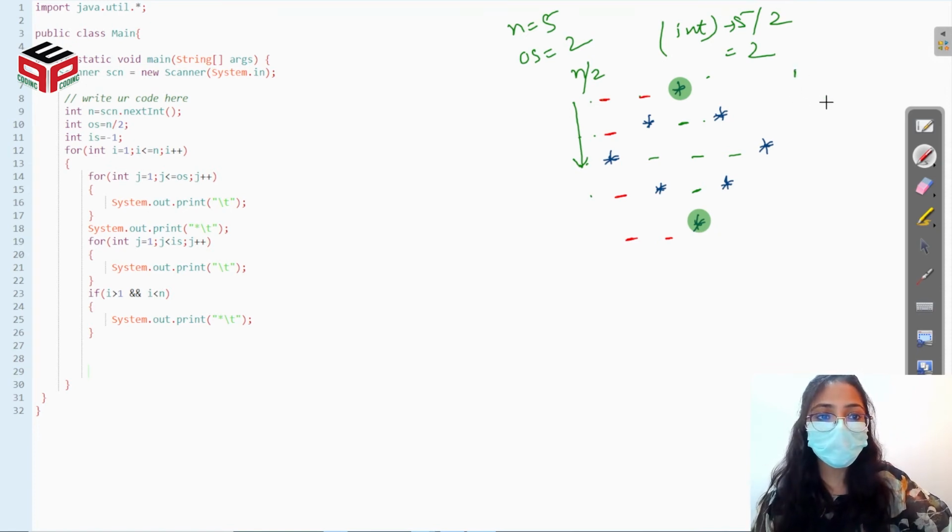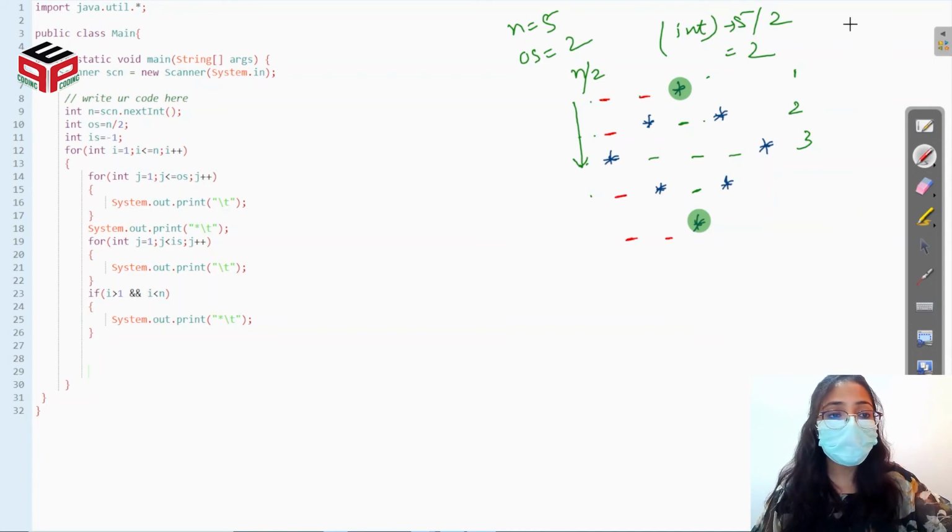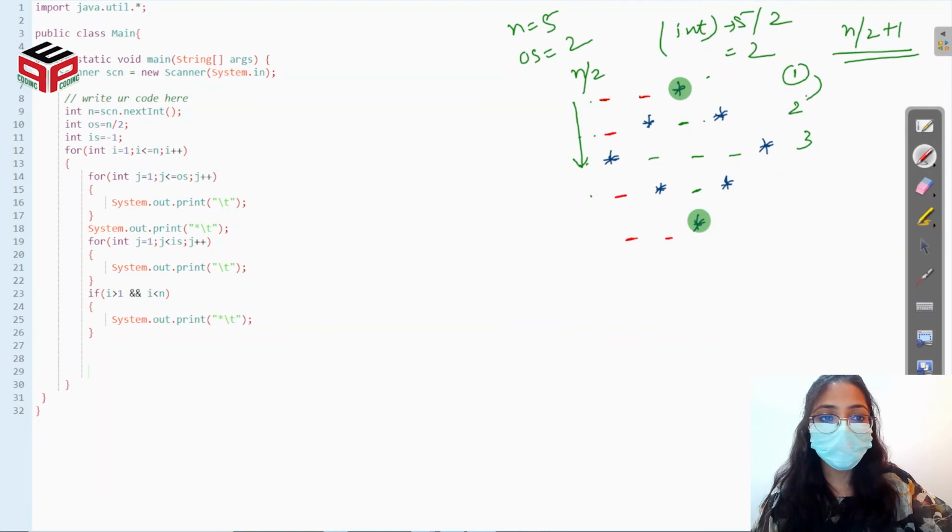So here I have 1, 2 and 3, right? So if I am taking this from 1, my value for the middle row is equal to n by 2 plus 1, right? So if I increase for 1, I'll get the second row. If I increase for 2, then I'll get the third row. But for the third row, I need to decrease.